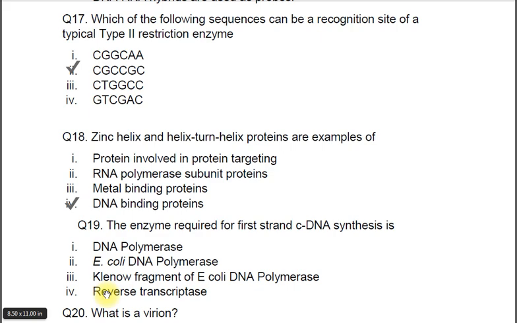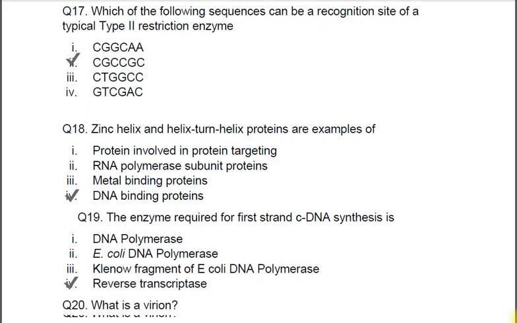So out of this the correct option is, I think you have guessed it correctly. Yes, it is option number 4, reverse transcriptase. Reverse transcriptase carries out the synthesis of DNA from the RNA, and this is the reverse of transcription. It doesn't follow the central dogma of molecular biology.